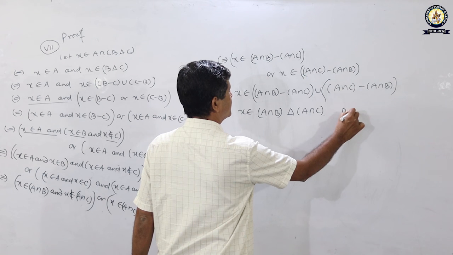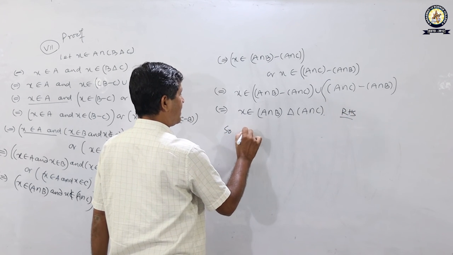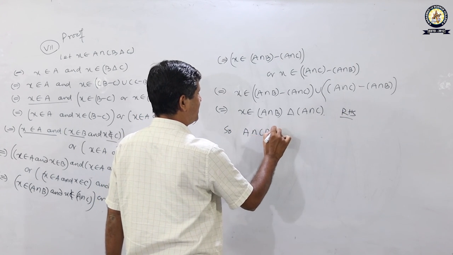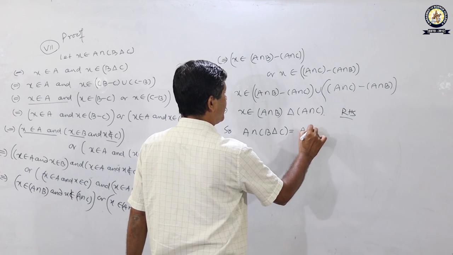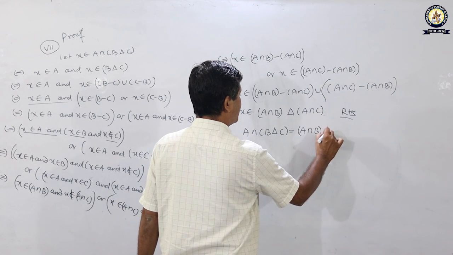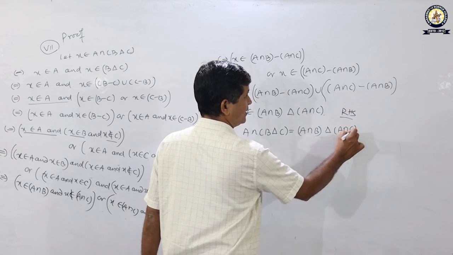This part is the RHS, right? So A intersection B del C is equal to A intersection B del A intersection C.